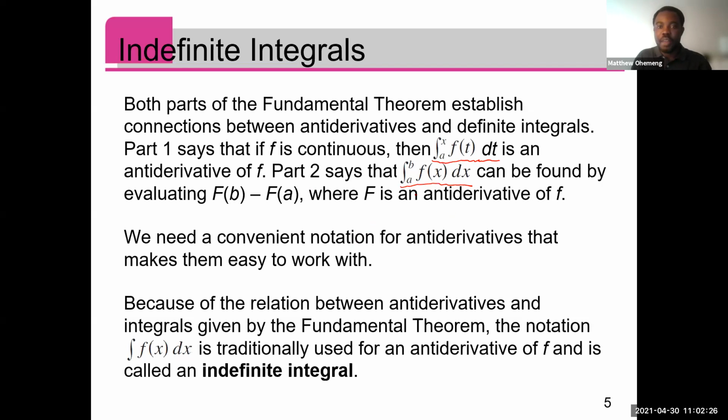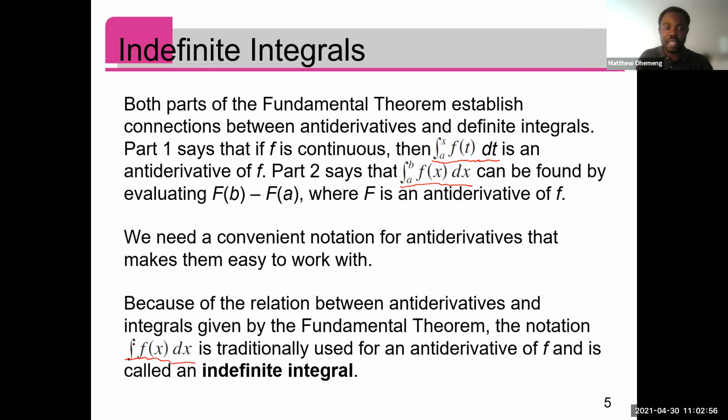So now that we know that the definite integral relates to the antiderivatives, since we don't have a notation for antiderivatives, let's just use this symbol, the elongated s, without the limits of integration. Once more I stress, without the limits of integration. If you take away the limits of integration, then let that denote the antiderivative.